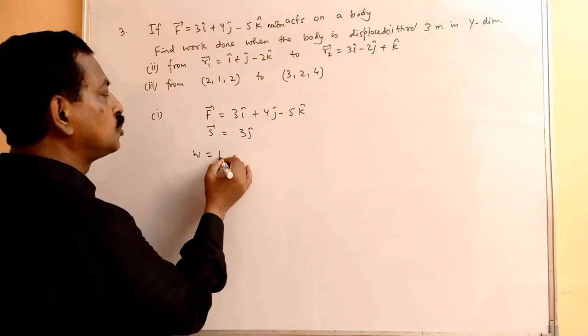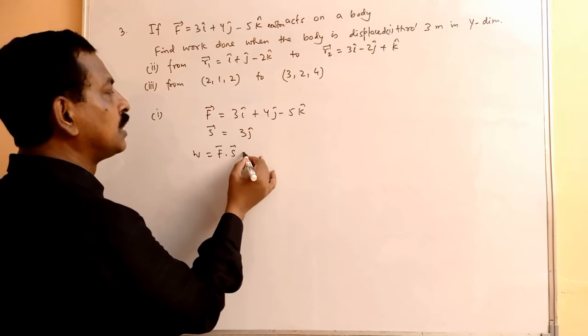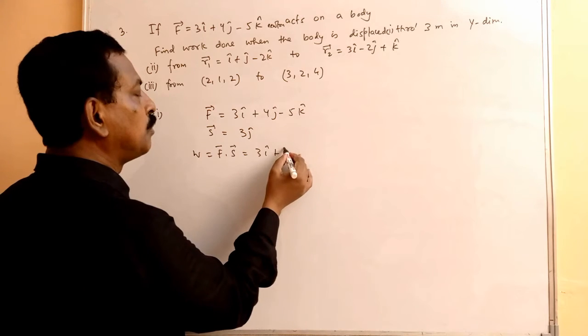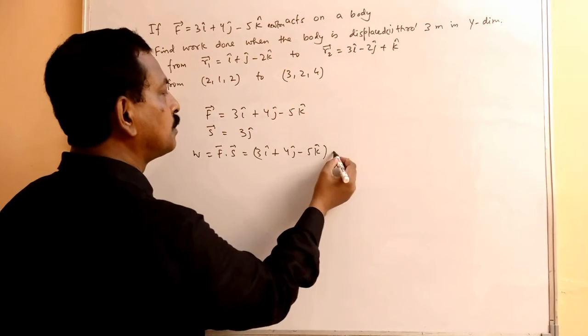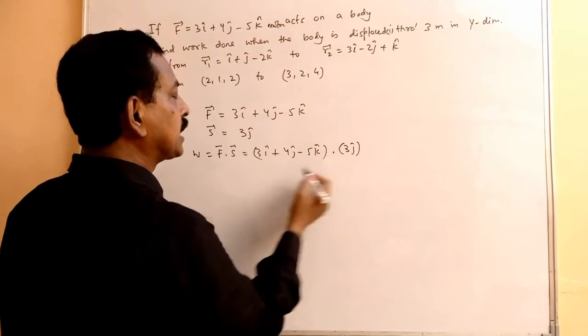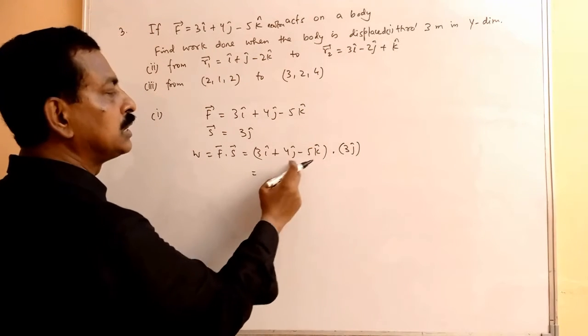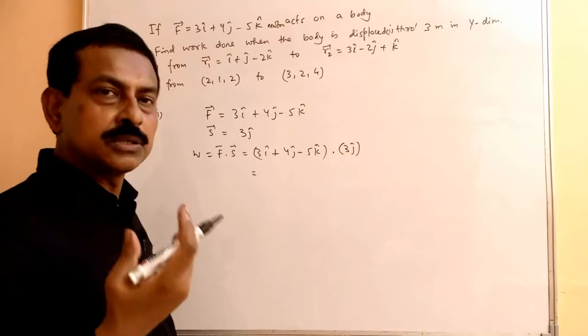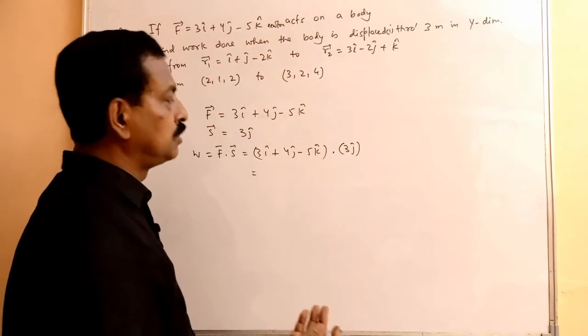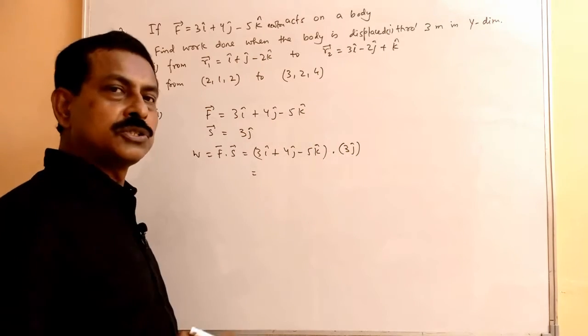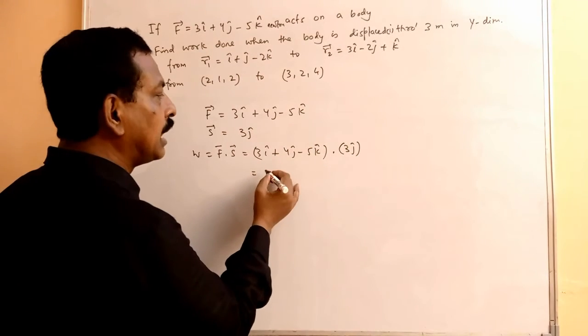So work done is F dot S. So this is 3i plus 4j minus 5k dot 3j cap. So in that case, only the coefficients of the j will be taken care of and multiplied.